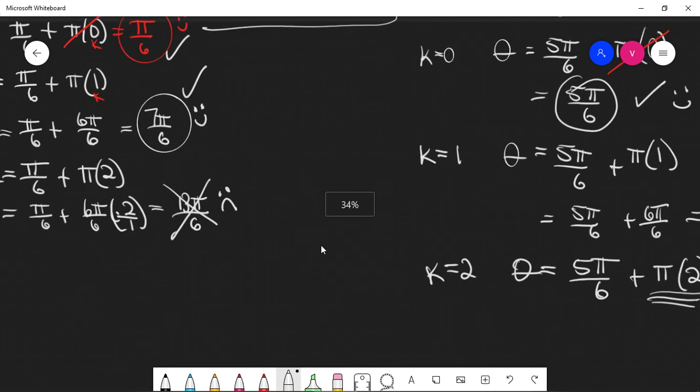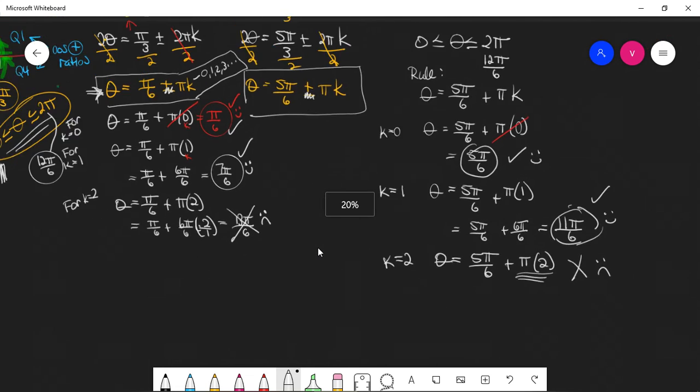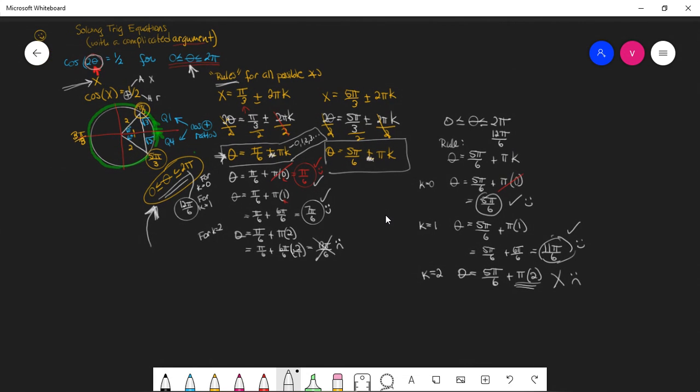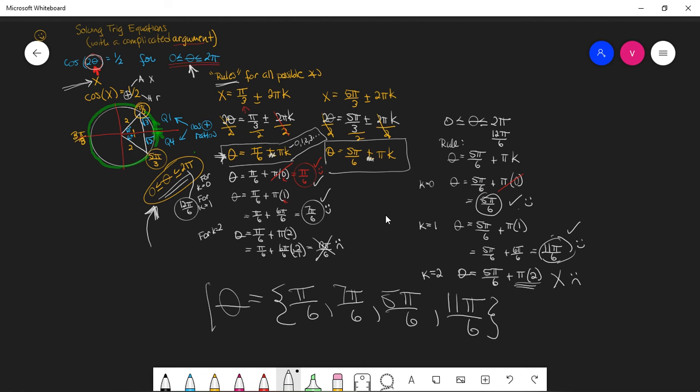So what are our answers there? Your angle is equal to, so we had pi over 6 that we circled, 7 pi over 6 that we circled, and over here 5 pi over 6 and 11 pi over 6. And those are your answers, okay?